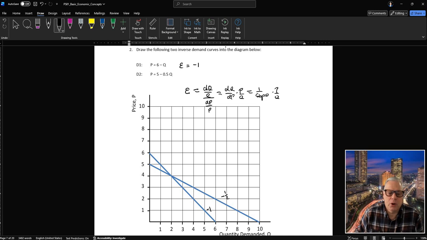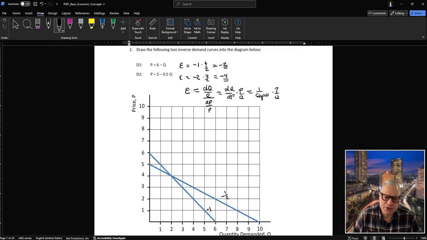Okay, so now here we have the elasticity of 1 over -1, so that's -1 times 4 over 2, so we get -2. For the other one, the slope is -0.5, so 1 over the slope is -2, but everything else is the same, times 4 over 2, so now here we get -4.